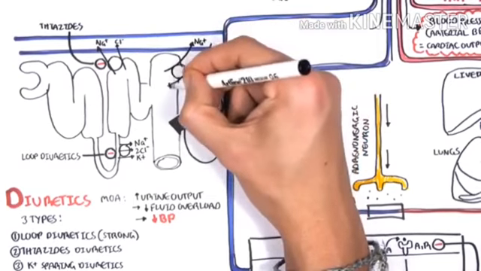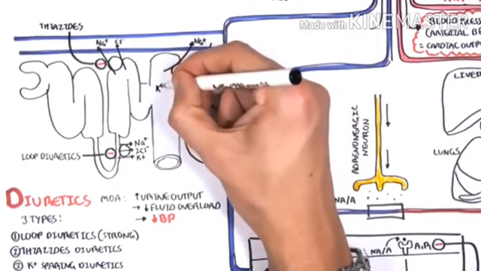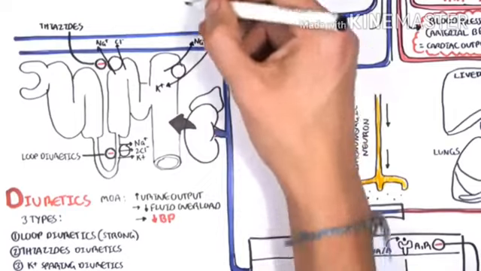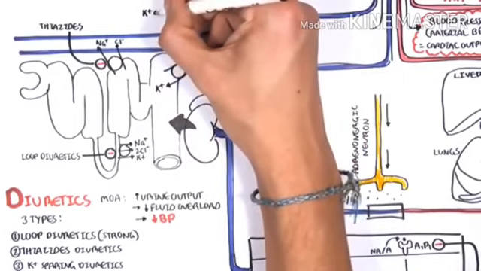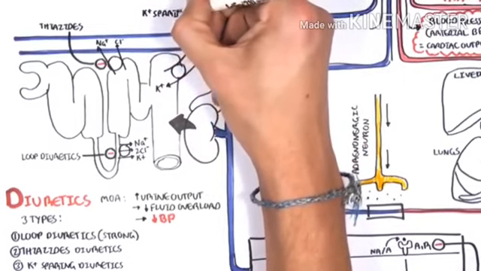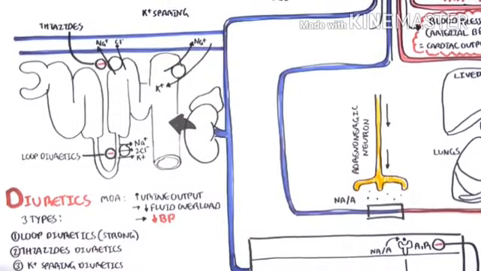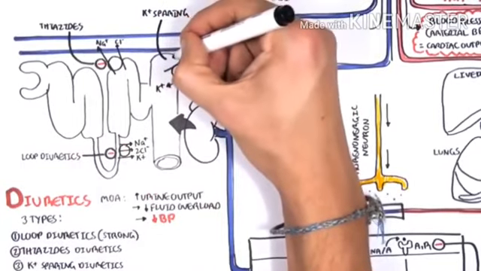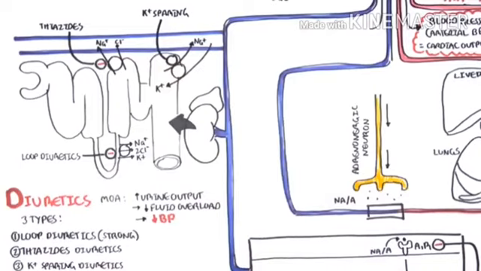The third type of channel is also present on your DCT, on the collecting tubule. At this channel, the potassium sparing diuretics are working. The potassium sparing diuretics inhibit the reabsorption of sodium, inhibiting the entry of sodium into the urine.